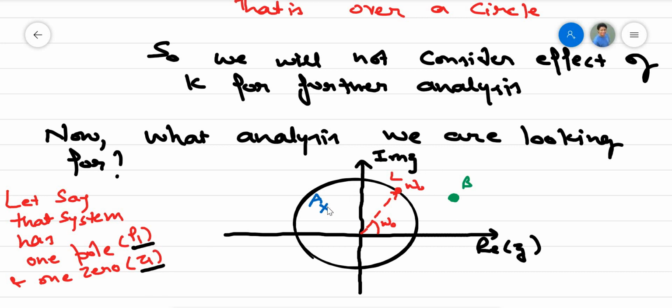So the separation of this pole from this frequency and this zero from this frequency will define how it will affect the transfer function over this particular frequency. That's what we want to find out.